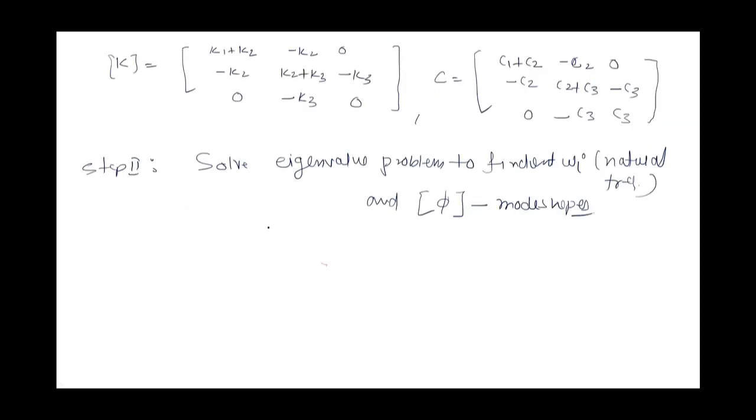So already, in the last lecture, we found the eigenvalues and mode shapes for this problem. Here we need the determinant of k minus omega square m equal to 0.